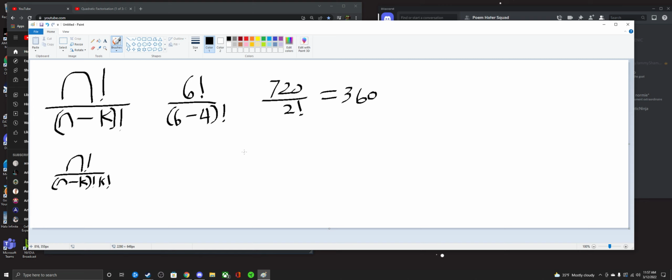So this would be a combination, so it's very similar to the permutations, it's just that we multiply by k factorial at the end. So let's say we have a set of colors. We have red, green, blue, yellow, and orange. That's 5 colors, and we're trying to find how many ways we can order it into a set of 3, like the number of combinations.